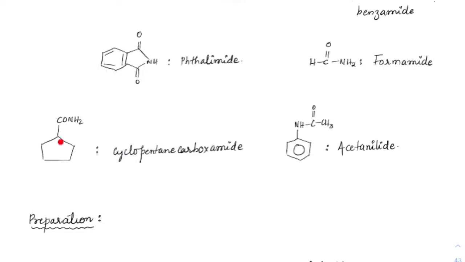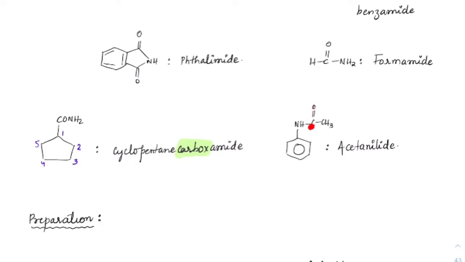Suppose you have a cycloalkyl group with C double bond O NH2, then the terminology is slightly different. This is called carboxamide. The numbering would start from here, 1, 2, 3, 4, 5, so this carbon is not getting that numbering. So it is represented as carbox. So, cyclopentane carboxamide.